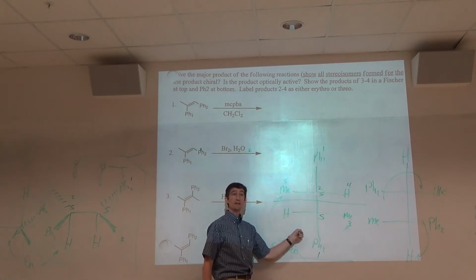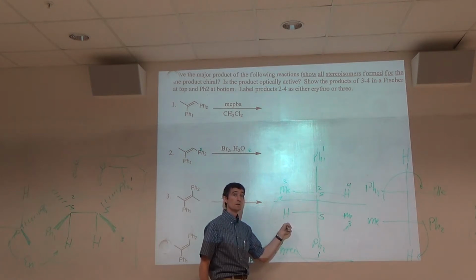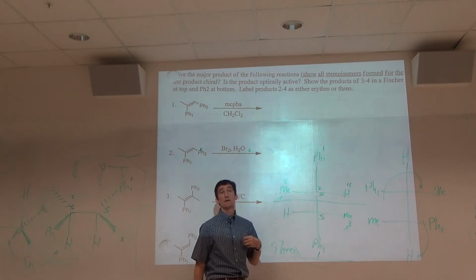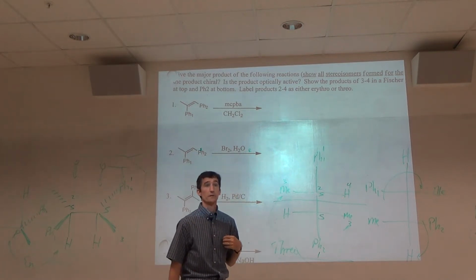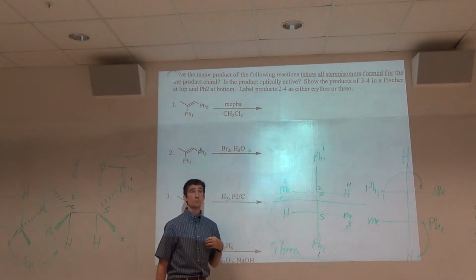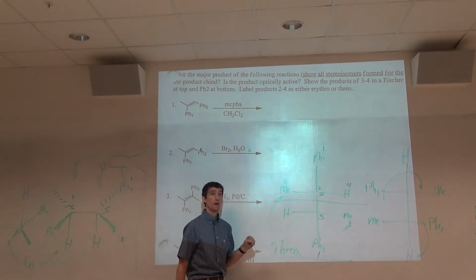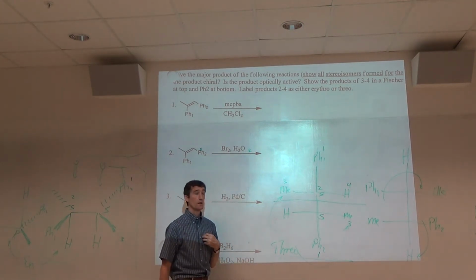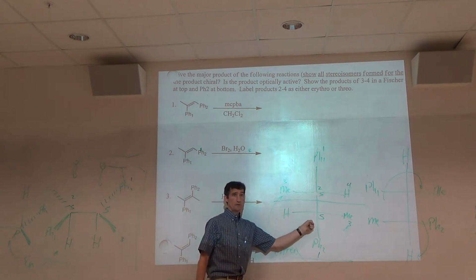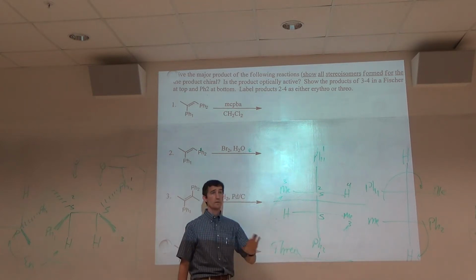You're asking how to get here? No. I'm saying it's easier for me to draw a Fischer projection from how we usually draw molecules. Again, I'm not concerned with how you get the right answer. If you get the right answer a different way, then more power to you. I'm just showing you the way I do it. Ultimately, you've got to show this. If you can get to this point some other way, then great.